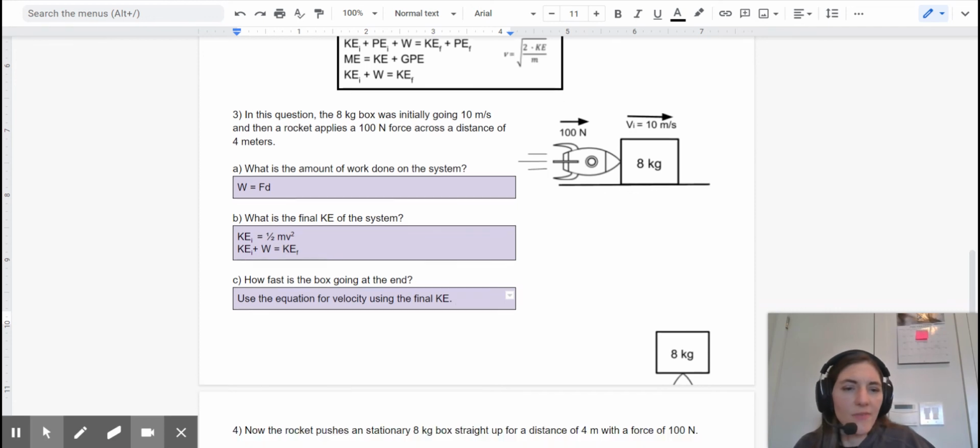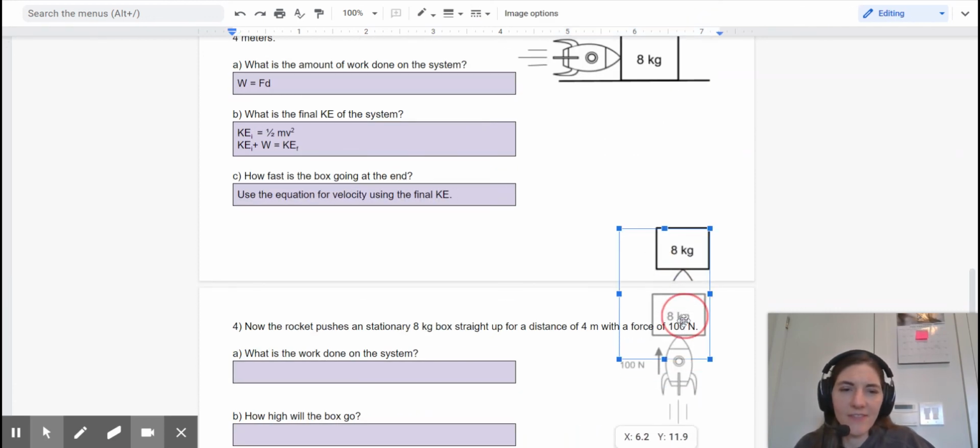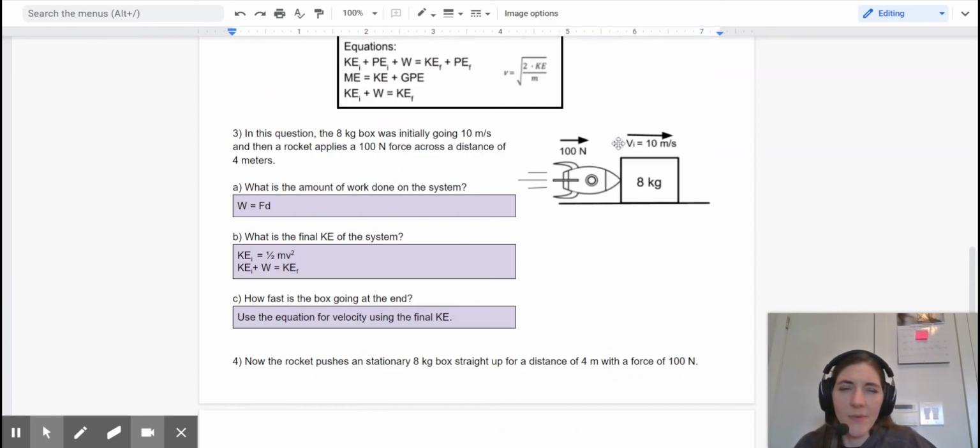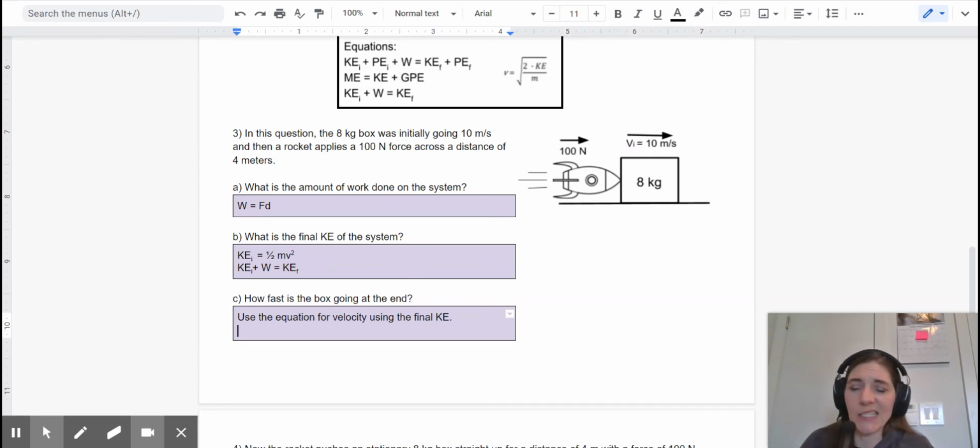All right, and you will find the velocity. Now if I remember correctly, I think the velocity is somewhere between 10 and 20 meters per second, more or less.